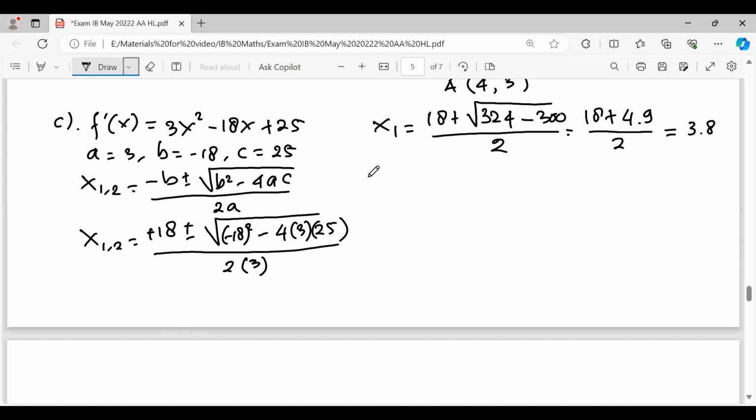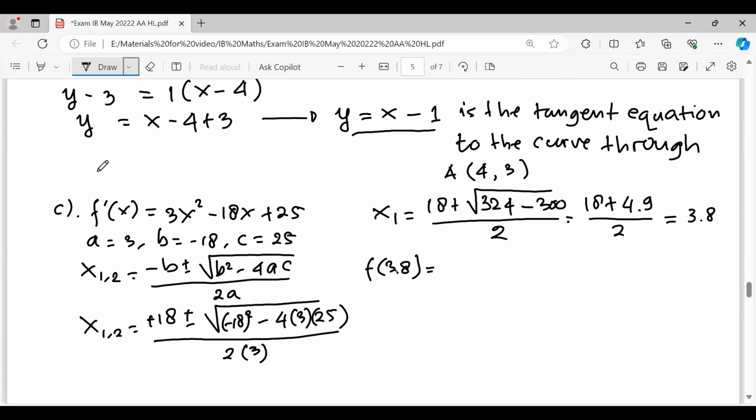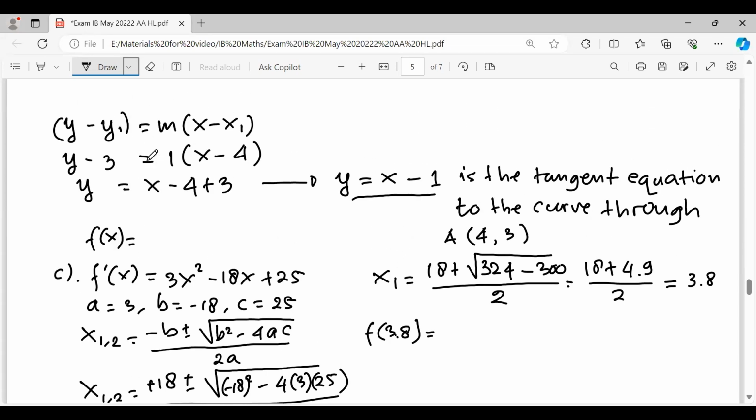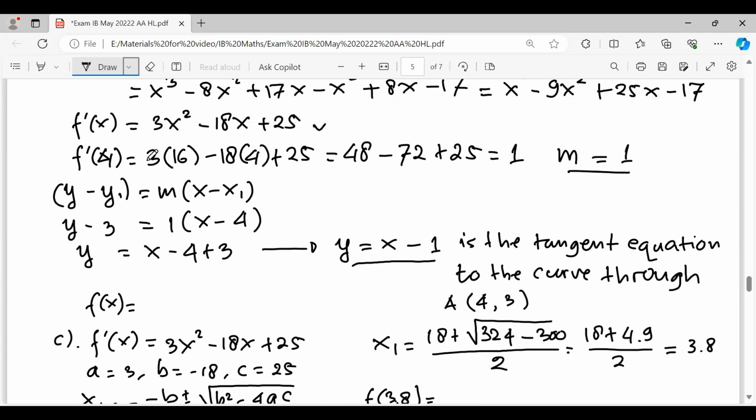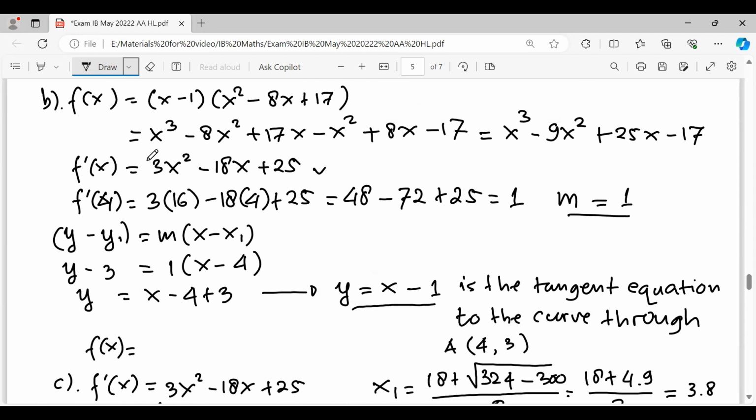So the first coordinate point, yeah, x is 3.8, substitute into this function f(x) equals x cubed minus 9x squared plus 25x minus 17.